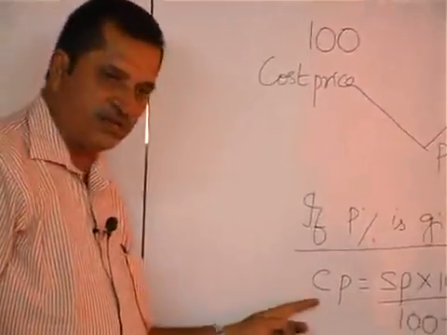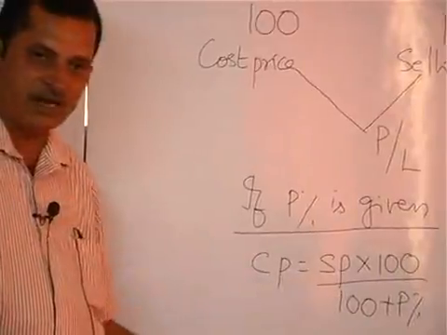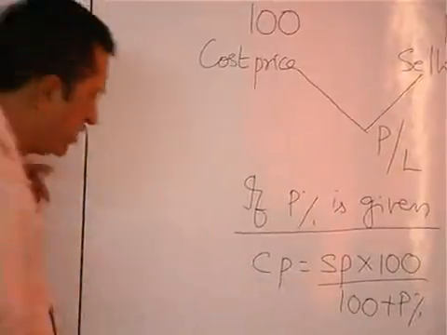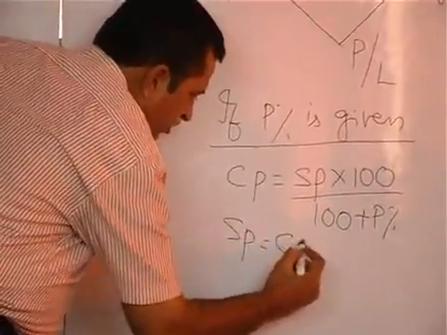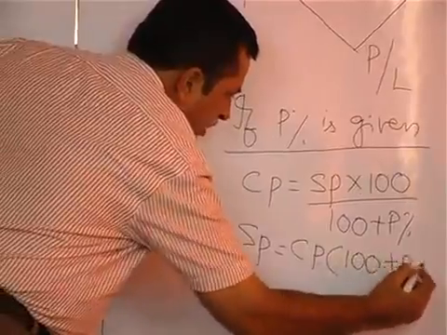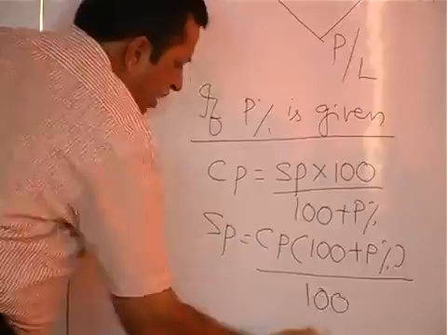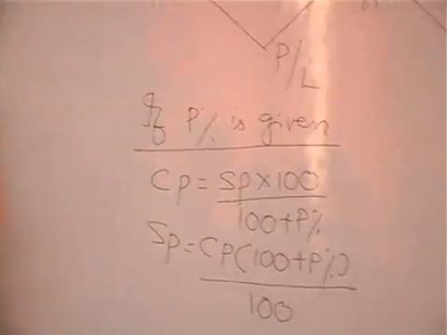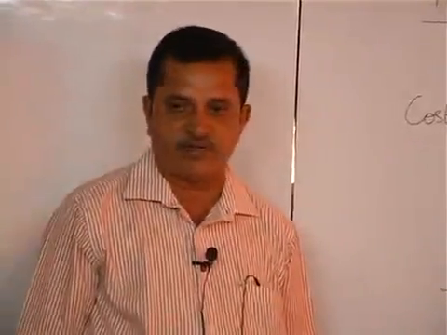Once you know the cost price formula, selling price can be derived from the same formula. Therefore, selling price is equal to cost price into 100 plus profit percent by 100.